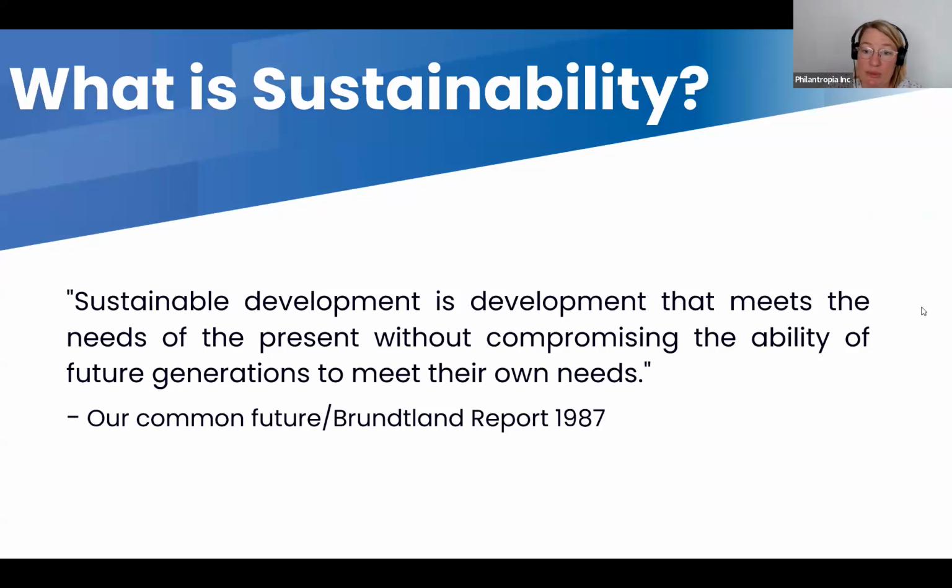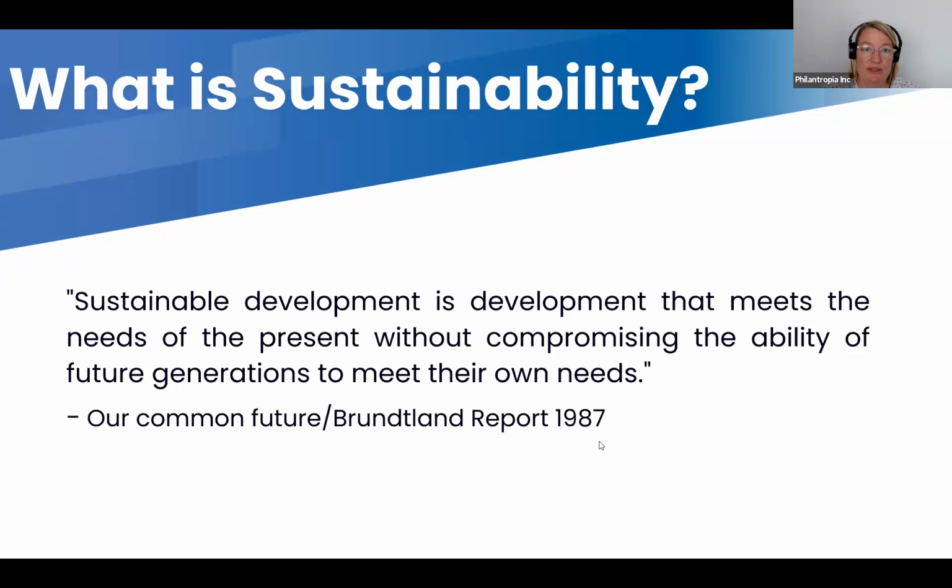Sustainable development is development that meets the needs of the present without compromising the ability of future generations to meet their own needs. So this refers very much to the concept of environmental sustainability, which is one of the biggest pillars here.